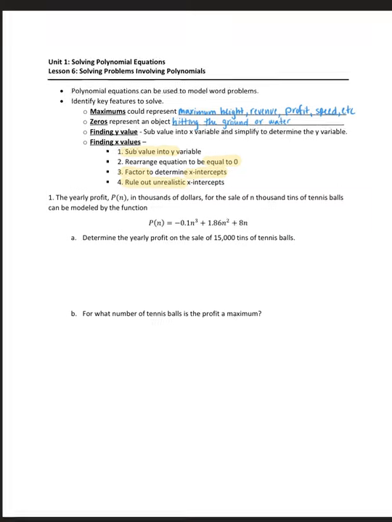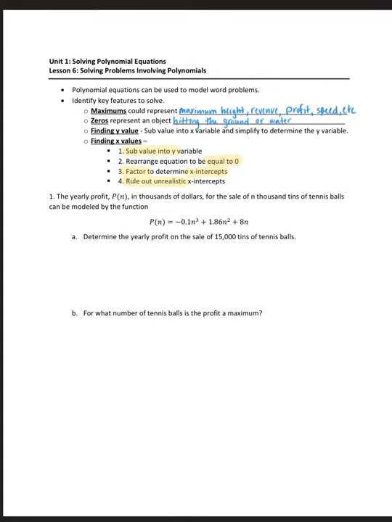So we're going to sub n equals 15 into the equation and solve for P of n.